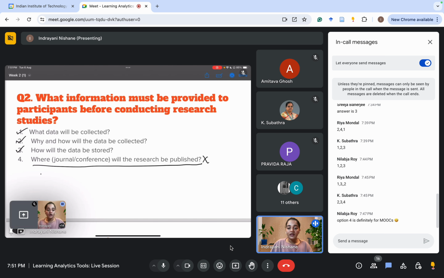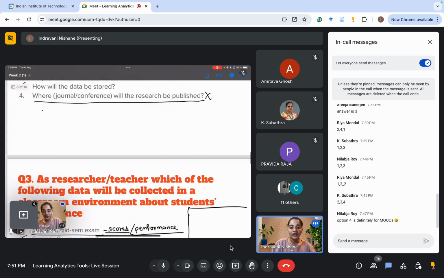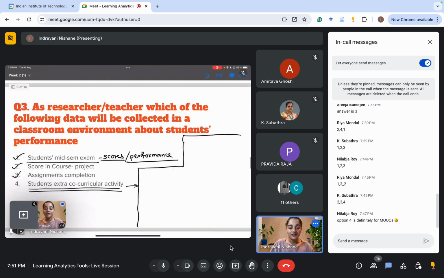Whether you gather that information depends on your hypothesis. If your hypothesis is that students involved in artistic co-curricular activities perform better than students who are not, then you need to collect what extra co-curricular activities students are involved in.